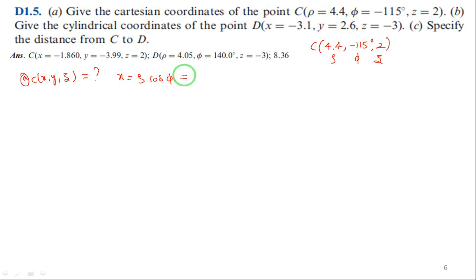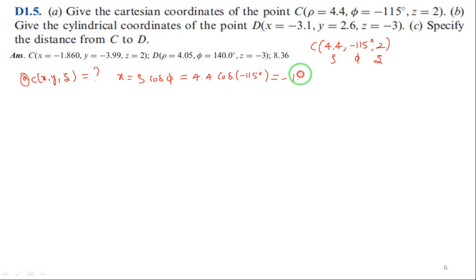The value of rho is 4.4 and phi is given as minus 115. I have the calculator, so you also calculate in parallel: 4.4 into cos of minus 115 degrees. It turns out to be minus 1.859.